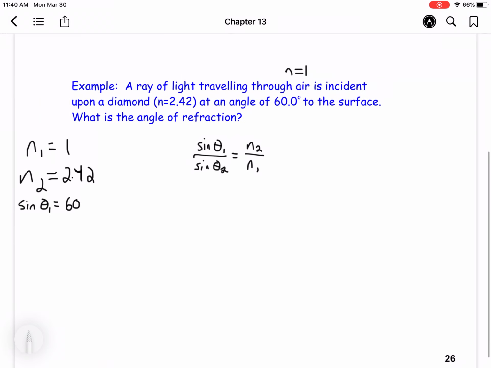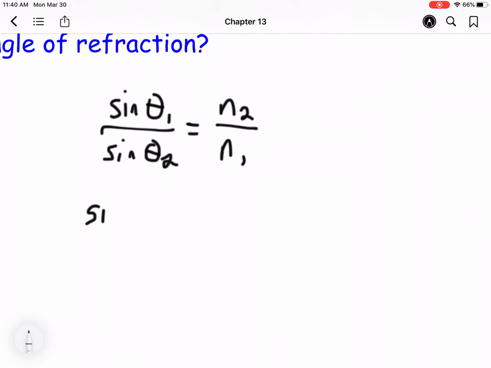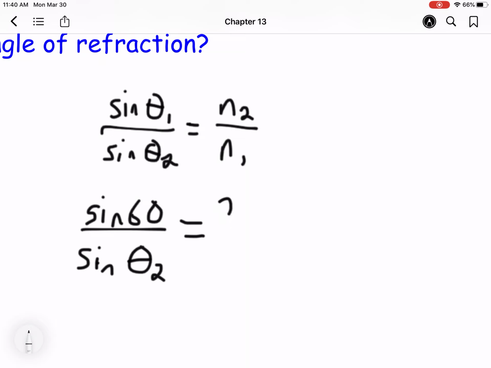So I wrote down my n1 is 1, my n2 is 2.42, my angle 1 is 60, and the question is asking me for angle 2. So we're going to go ahead and fill this out. I'm going to say sine 60 over sine theta, of course, use theta, use whatever you want, angle 2, and n2 is 2.42 over 1.